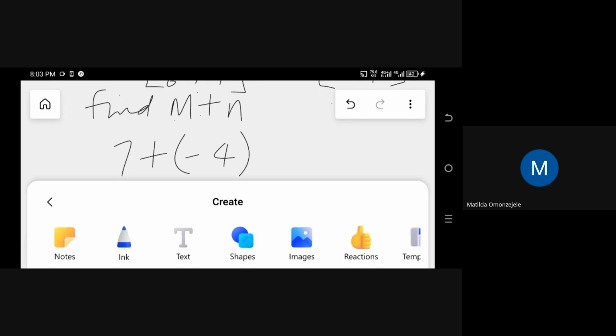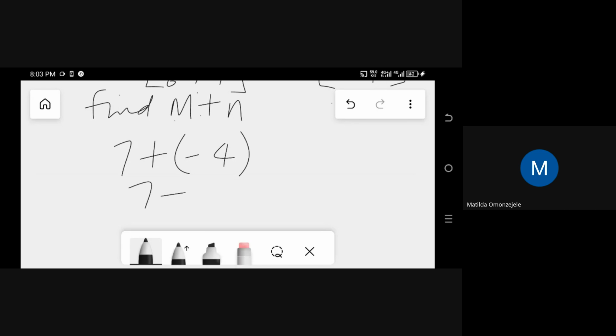So that's actually 7 minus 4. And the result is 3. Do you understand? The person who made the mistake just now, do you understand? Yes. All right, so that's 7 minus 4 actually. And the result there should be 3.